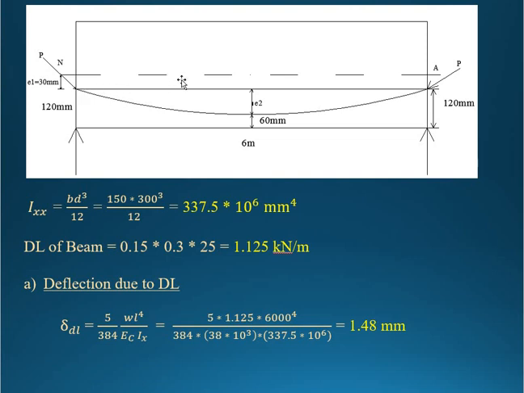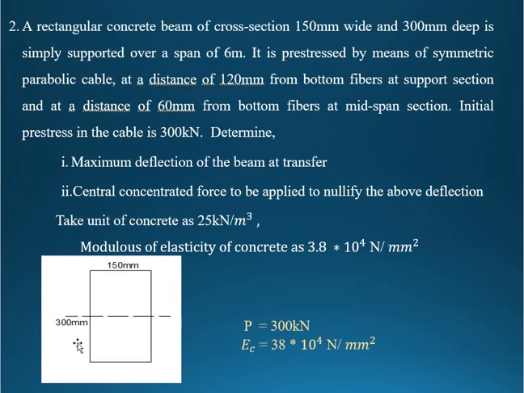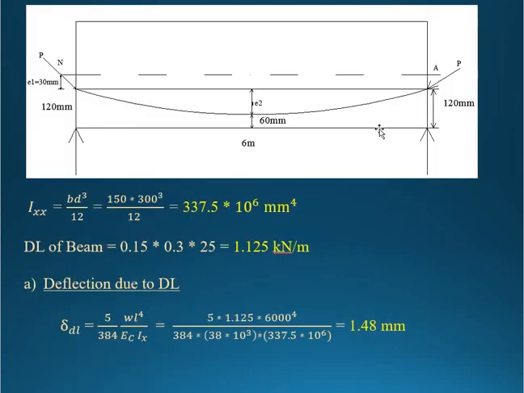First of all, where will the neutral axis lie? You can see here the depth itself is 300 mm, so obviously the neutral axis will be at a distance of 150 mm. Now 150 minus 120 will be e1, that is 30 mm, and e2 is 120 minus 60, you will get e2 value, that is also 60 mm.